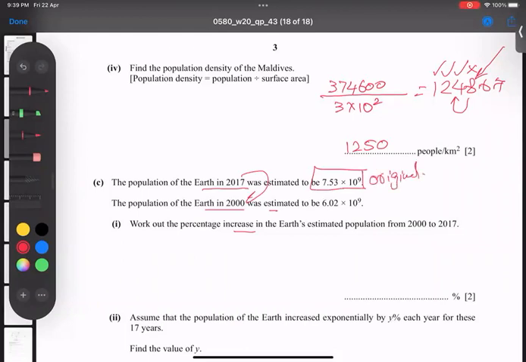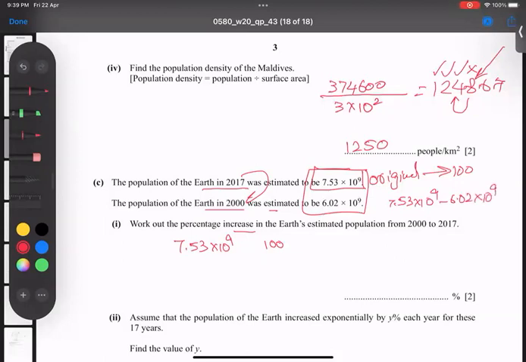So when you take original, we take it as 100%. So we can take 7.53 into 10 to power 9 as 100%. And how much change comes? Change means I will subtract them: 7.53 into 10 to power 9 minus 6.02 into 10 to power 9.